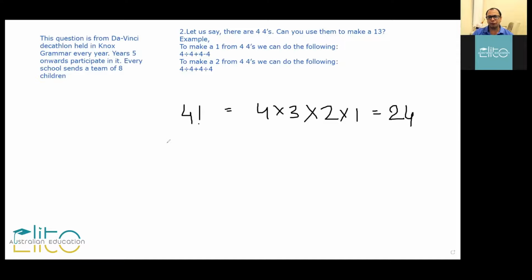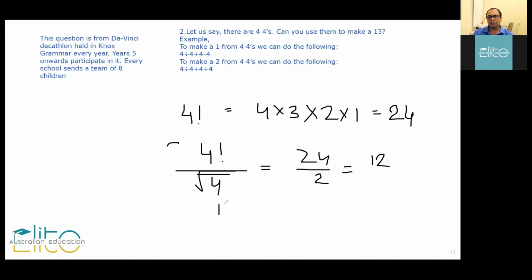Once I have a 24, I can divide it by root 4, which gives me 24 divided by 2 or 12.